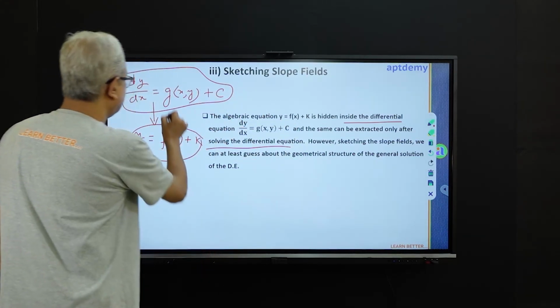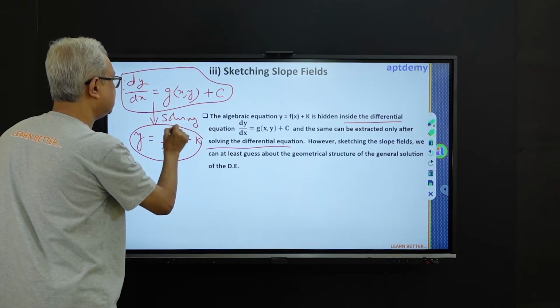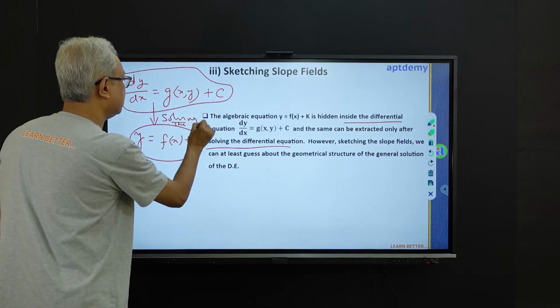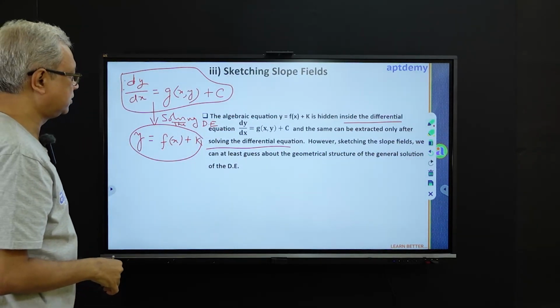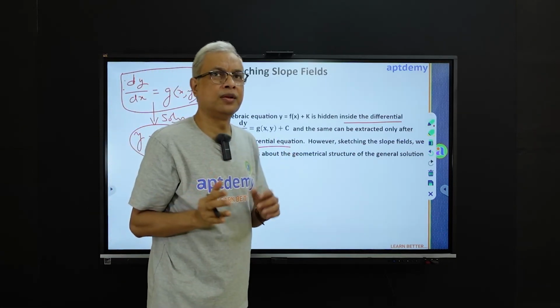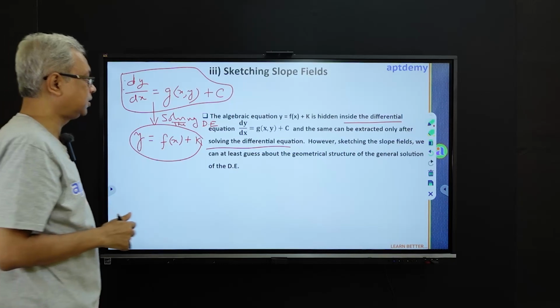So, it requires solving the differential equation. There are very many techniques for solving a differential equation. It's a subject itself. Solving differential equations is a very big, very vast subject.